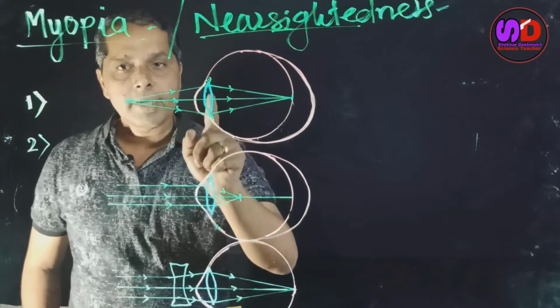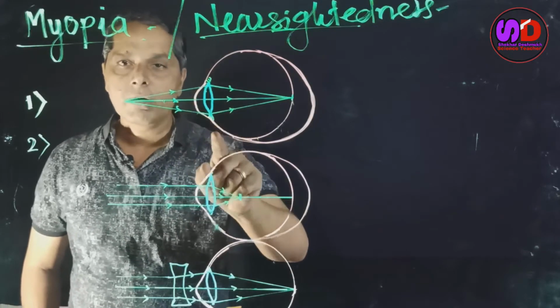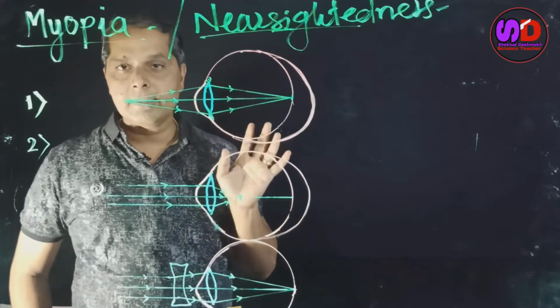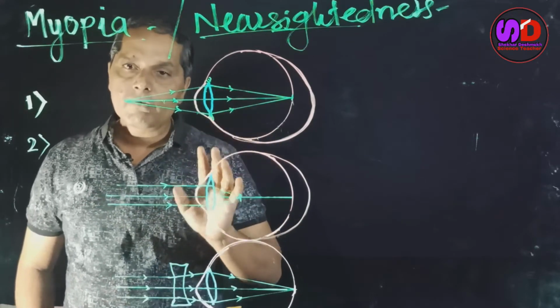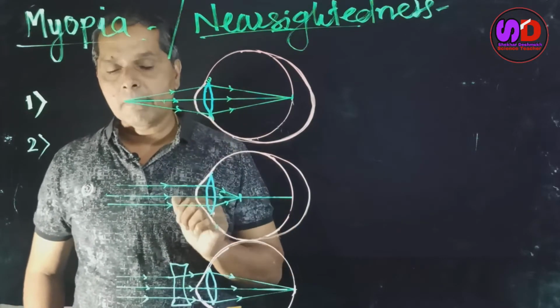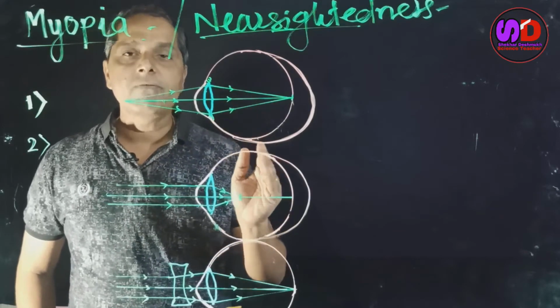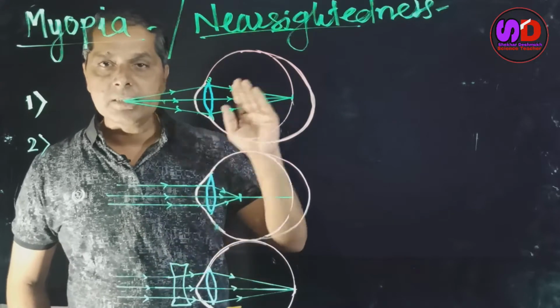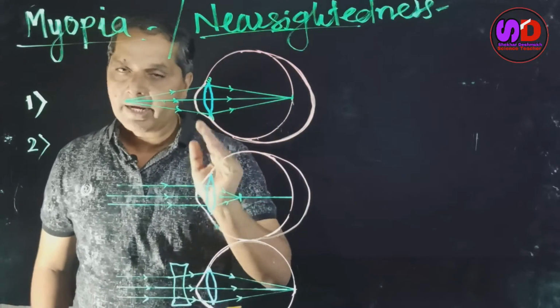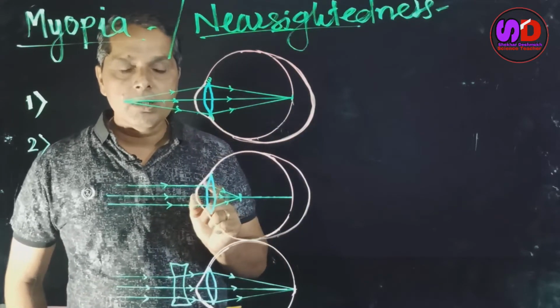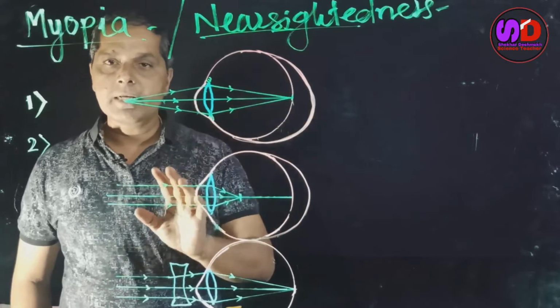With increasing curvature of the cornea and eye lens, the converging power of the lens remains high, and therefore the image of a distant object is formed in front of the retina, and therefore the distant object cannot be seen clearly.